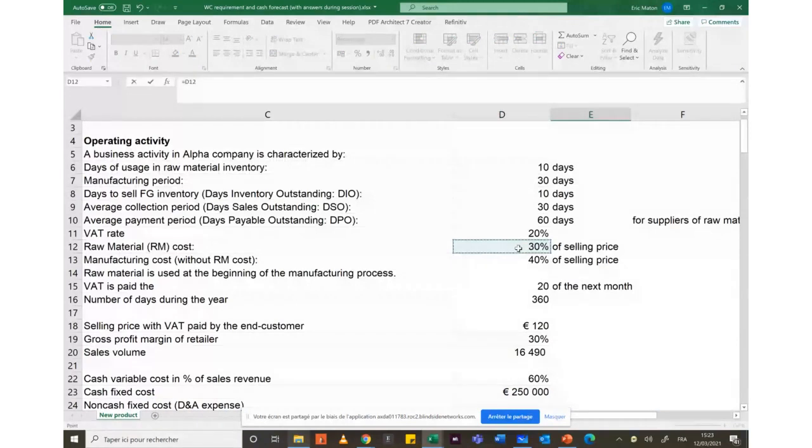The 30% is certain, but for the 40%, it's only if you finish the manufacturing process. Here, we don't know where is the work in progress inventory. We don't have the details. So here we suppose the work in progress inventory is at the middle of the manufacturing process. So divided by 2. I will explain this here.